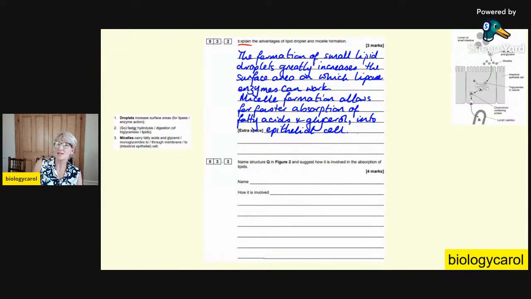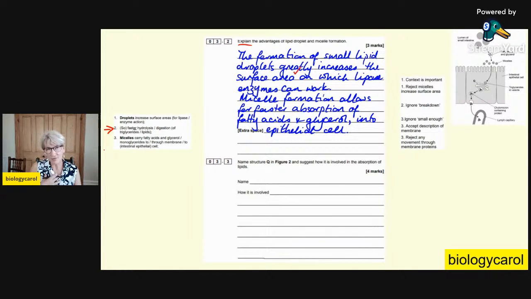So here is the mark scheme, and here are the examiner's comments. Notice I got the first mark point here. And this is where I need to make a note in my revision notes, or really make a note in my brain. I absolutely knew mark point 2.